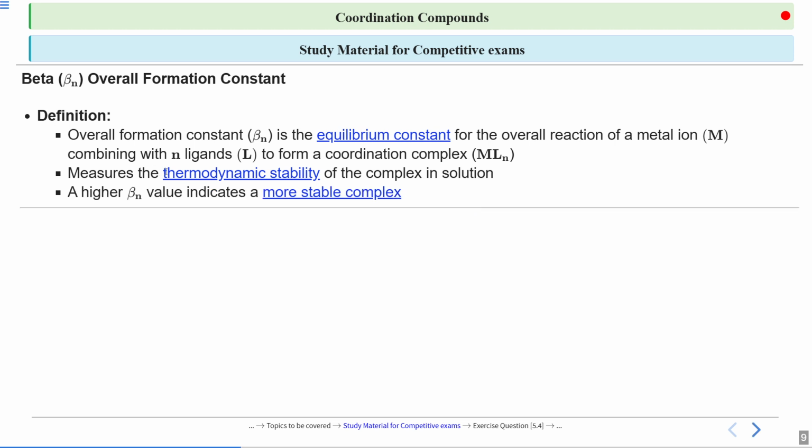A higher beta n value indicates a more stable complex. So if the overall formation constant is higher, it is saying that a more stable complex is going to be formed.